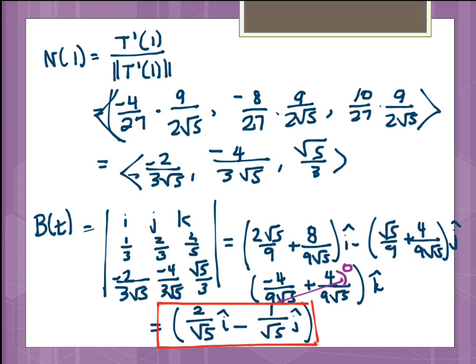For a given value of t, if the curvature k at a point P corresponding to t0 is non-zero, then the circle of radius rho equals 1 over k lies completely in the osculating plane, whose center is the distance 1 over k from P along the normal N of t, and it's called an osculating circle or circle of curvature.